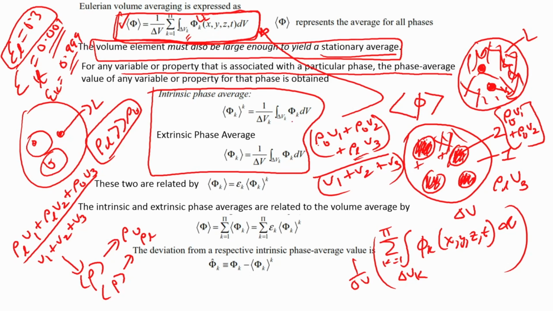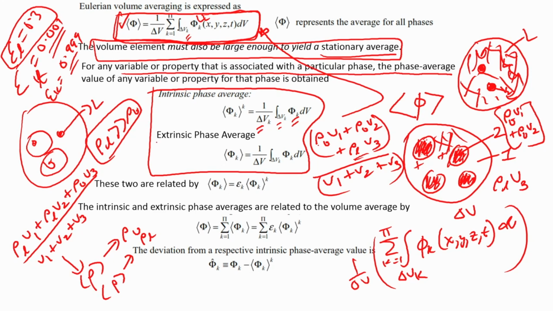You are integrating the property over the elemental volume that is occupied by that particular phase only, and then you are dividing it by the total volume of that particular phase, got it. So, it is the average that you are getting for a particular property belonging to a particular phase over that phase only. It is not overall; it is over that phase only that you are getting a variation, right.